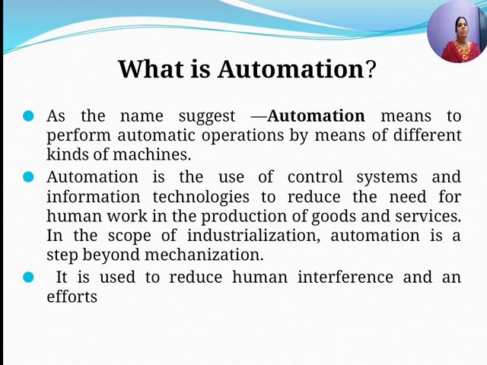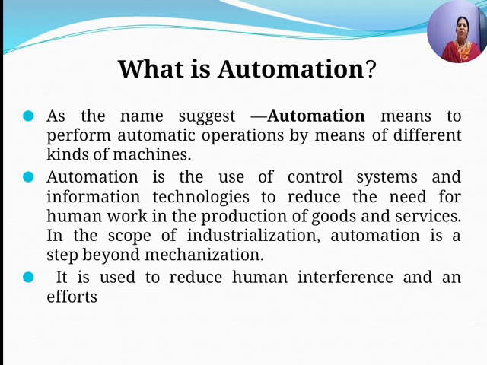Automation is the use of control systems and information technologies to reduce the need for human work in the production of goods and services.